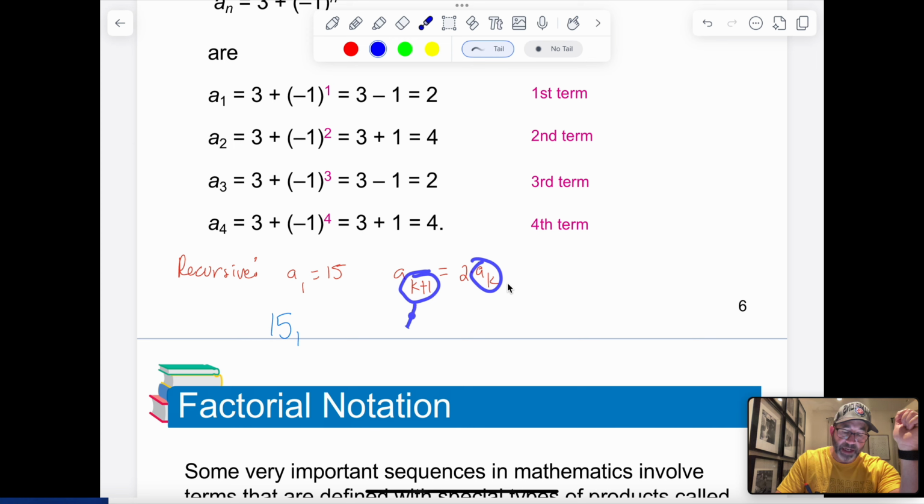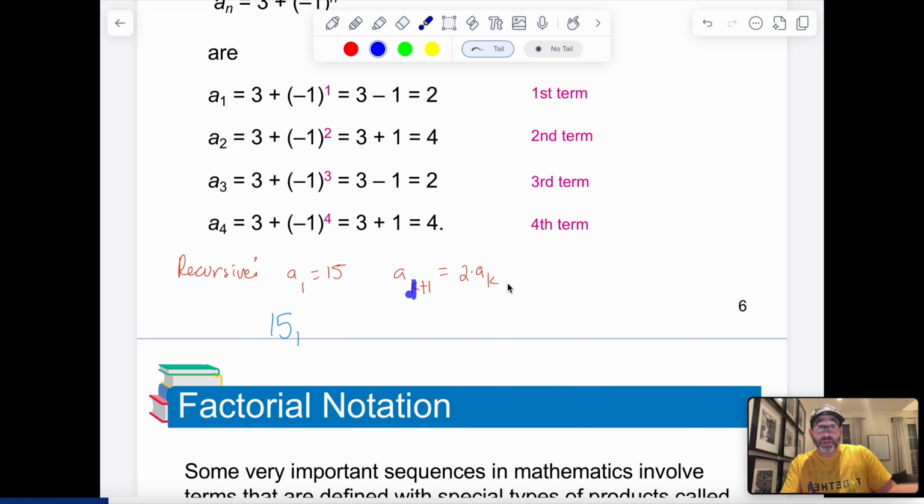It says that my next term, so if you think about what k plus 1 is, it's saying whatever is k, we're going to just add 1 to it. So let's say that this is k. You might even say it is a sub n plus 1. So what this means is the next term. If I put in a 1 right here, it's saying whatever my first term was plus 1, which will be my next term, is going to equal twice my first term.